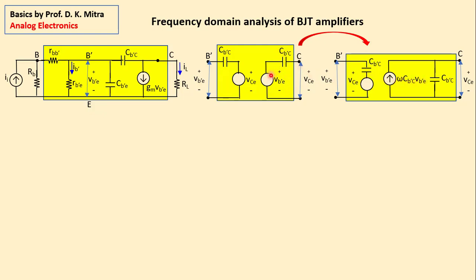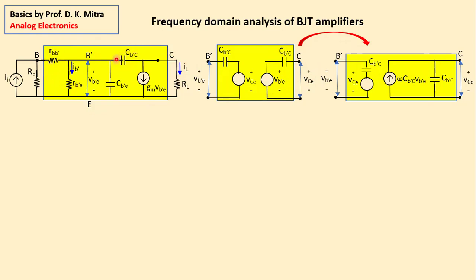So this voltage source in series with an impedance has been simply replaced by a current source in parallel with an admittance. So this also you should agree. So this was our original diagram.